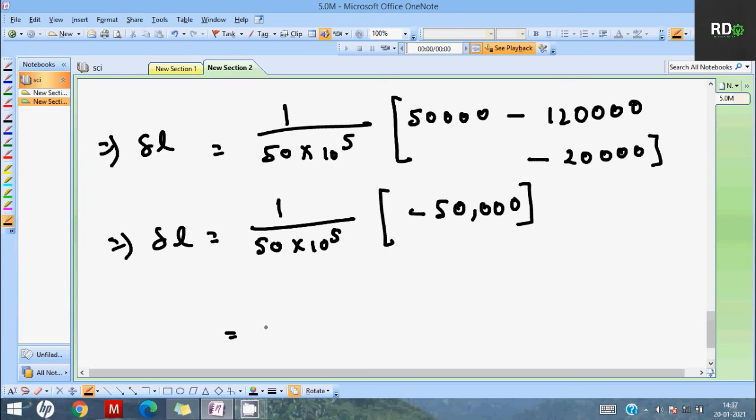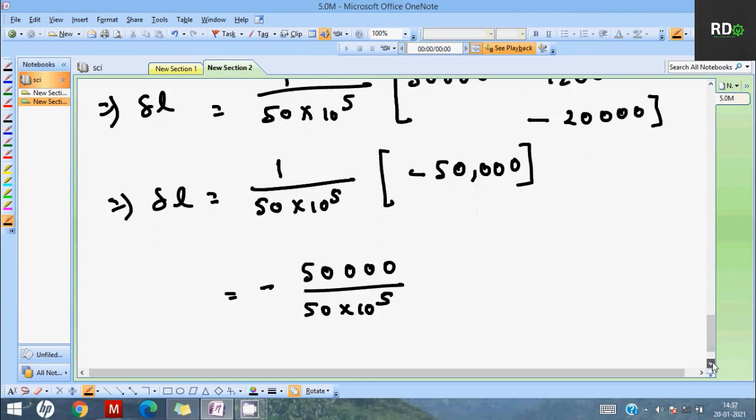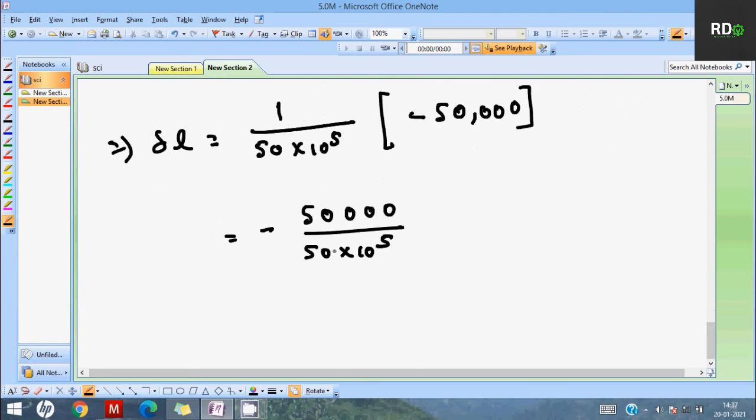I have used the comma so that the zeros are being counted, otherwise you might make mistakes with the zeros. So it will be minus 1000 into 10 to the power minus 5.